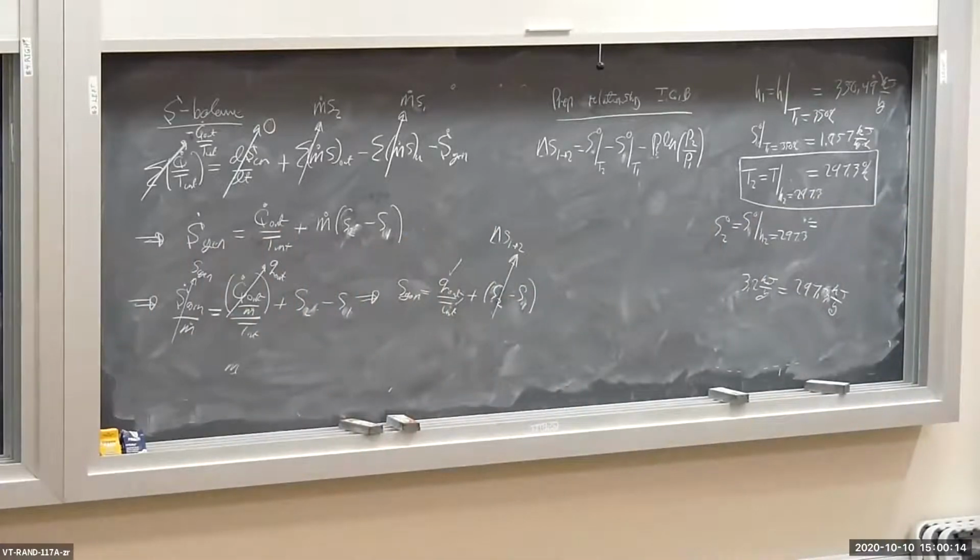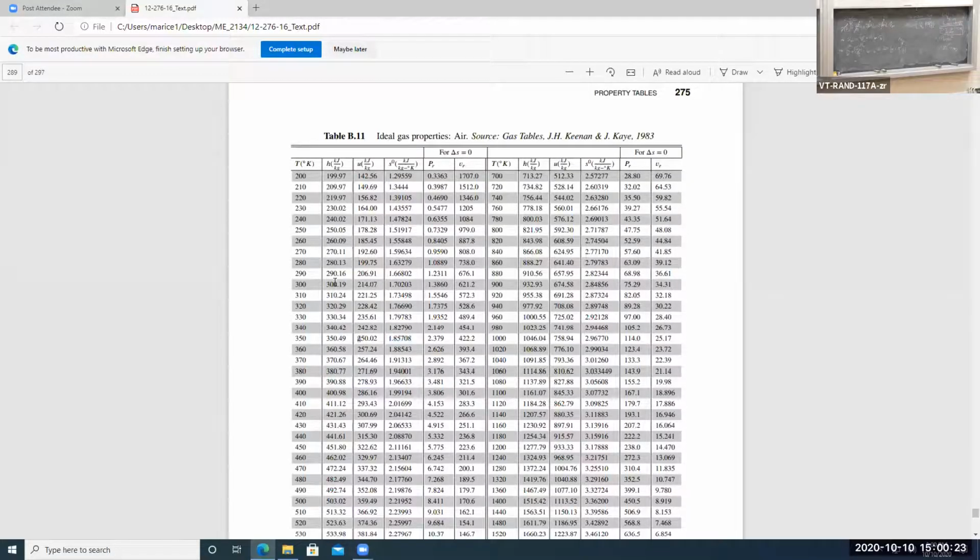Let's see if we can pull out a specific S naught here. 297 is between these two data points, so S naught is going to be between these two data points. It looks closer to the 1.7. I do an interpolation and I get 1.692 kilojoule per kilogram degree Kelvin.